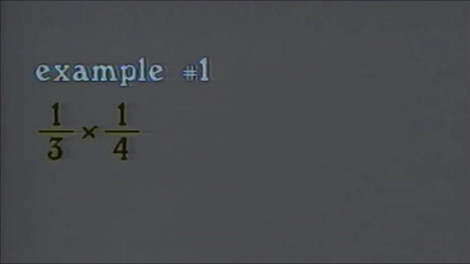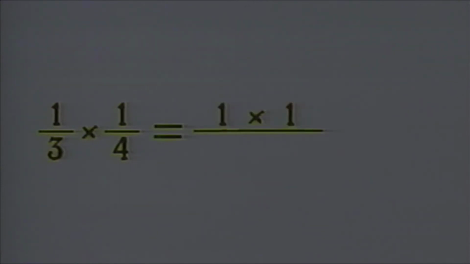Here are a couple of examples. Example 1. Multiply 1/3 times 1/4. Step 1. Multiply the numerators. That's 1 times 1. Then, multiply the denominators. That's 3 times 4. The result is 1/12. 1/12?